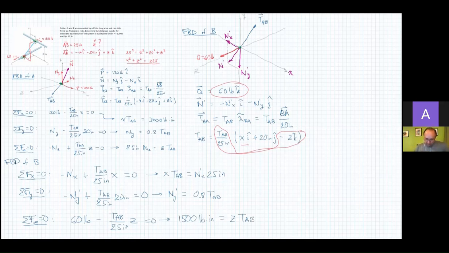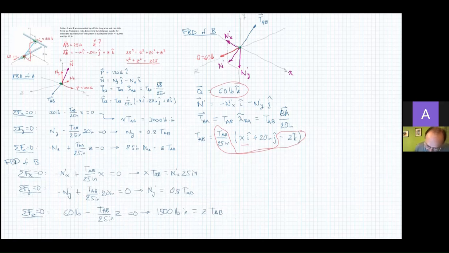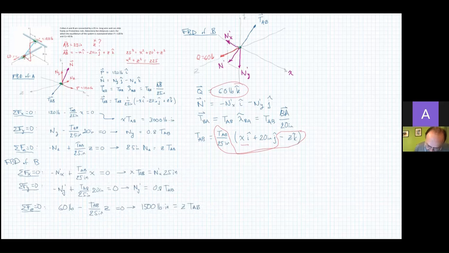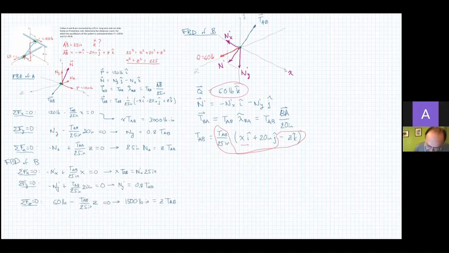Okay, all right, so what we have here is a bunch of equations that got too big. Let's see what else we have. This is another equation, and a good one because it has z on it, and this one has x on it.